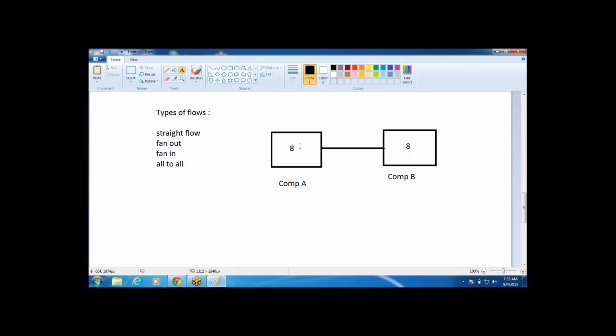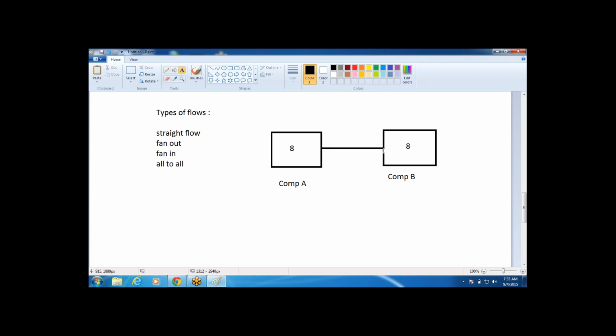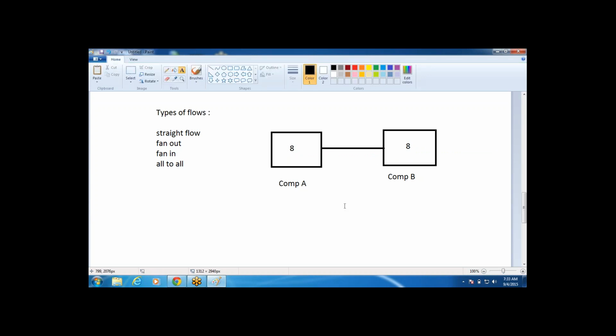Here both components are running 8-way parallel, so the flow connected between these two components is a straight flow. So easily you can say it depends on the depth of parallelism. If one is a lower depth or a higher depth, we will get different kinds of flow. But both components are the same depth, so the flow will be a straight flow. So this is clear.